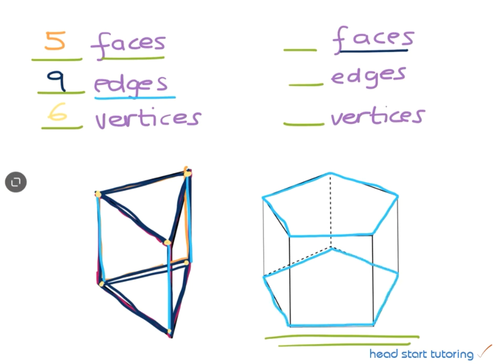The reason that those two pentagons are our two bases is because they are equal to each other, so they are congruent, and they are parallel to each other. And those are the properties of our bases. So those two pentagons make up our bases, and that is where we get the name pentagonal prism from, because our bases are pentagonal in shape.